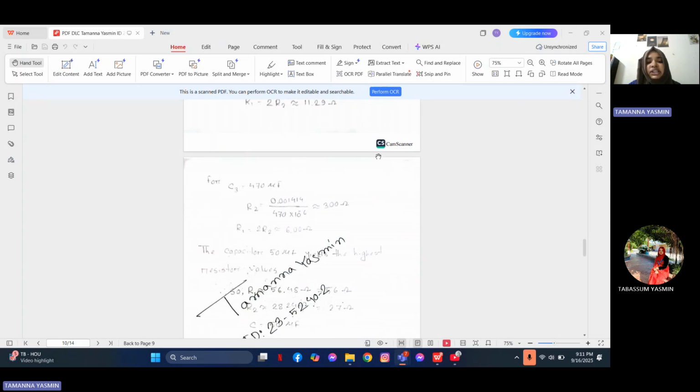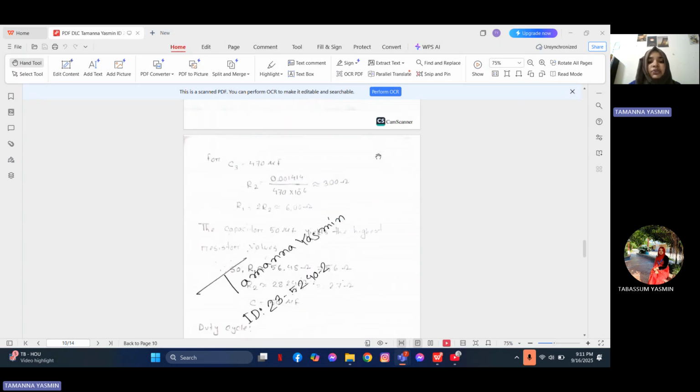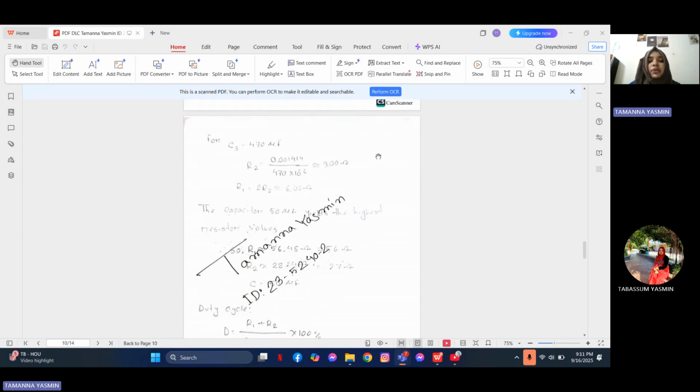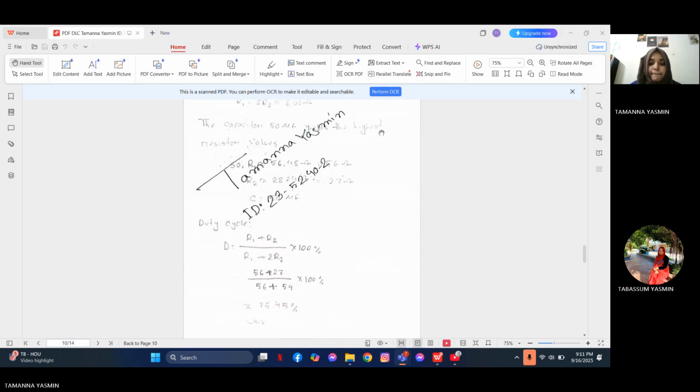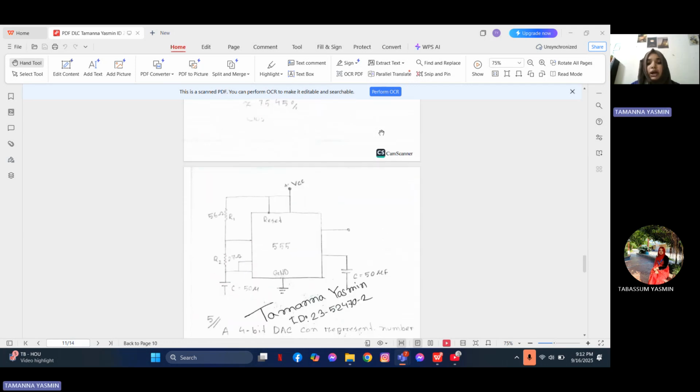And for C3, my R2 is 3.00 ohm and R1 is 6.00 ohm. I also generated a circuit for this.